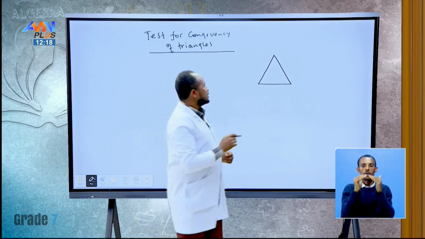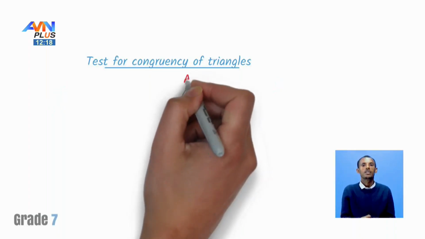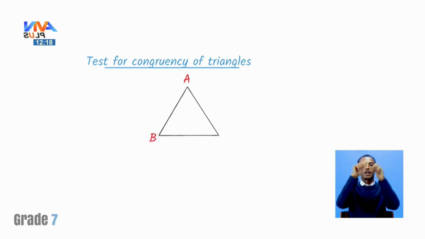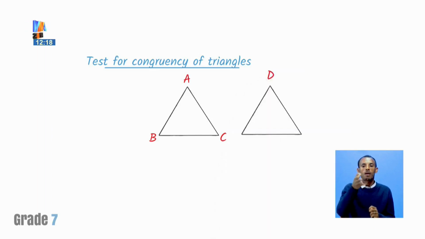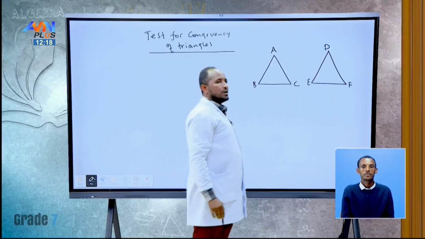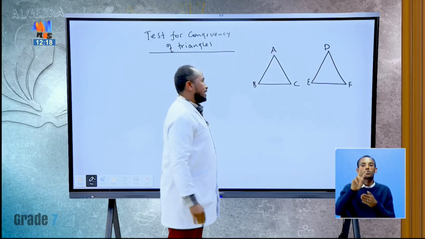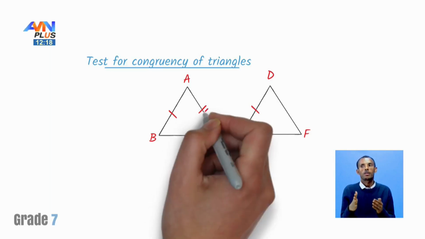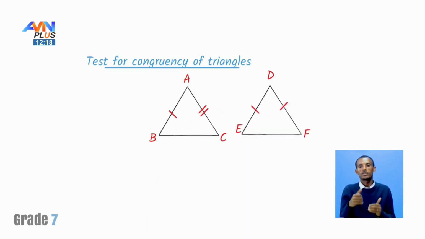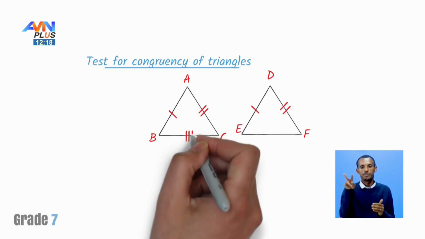That means, if you have this triangle ABC and another triangle DEF, in order to say these two triangles are congruent, this side must be congruent with this one, another side, and this side must be congruent to this one.